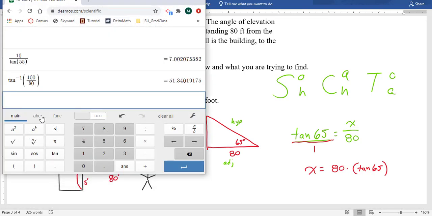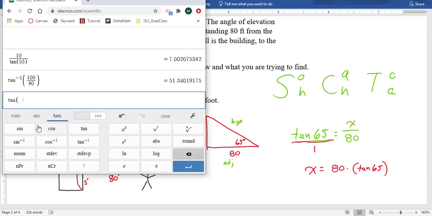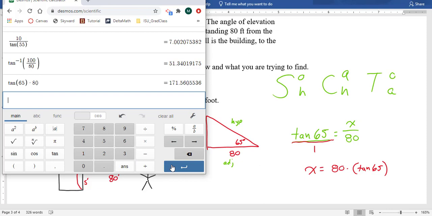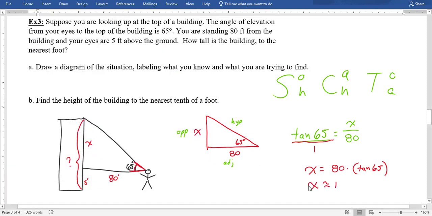I pull up this calculator and I go to function. I hit tangent. Go back to the main of 65. And then I need to end my parenthesis right there and multiply that value by, what was it, 80? Yeah, 80. And I get 171. So x is about 171.